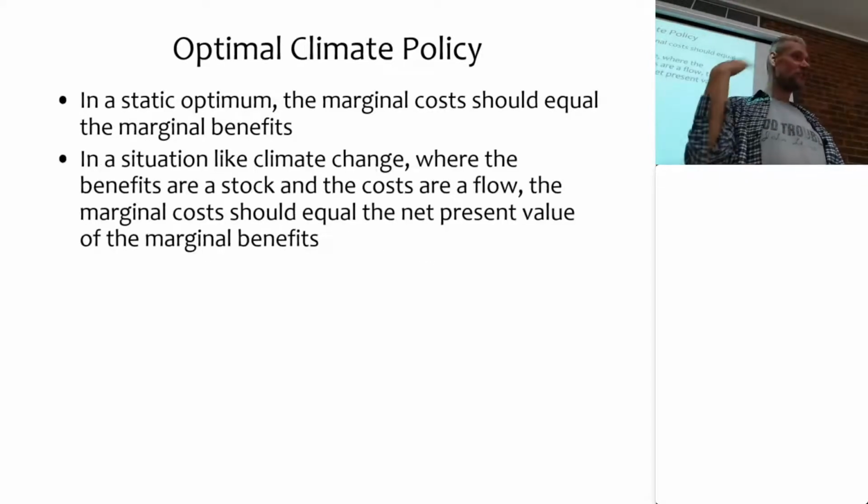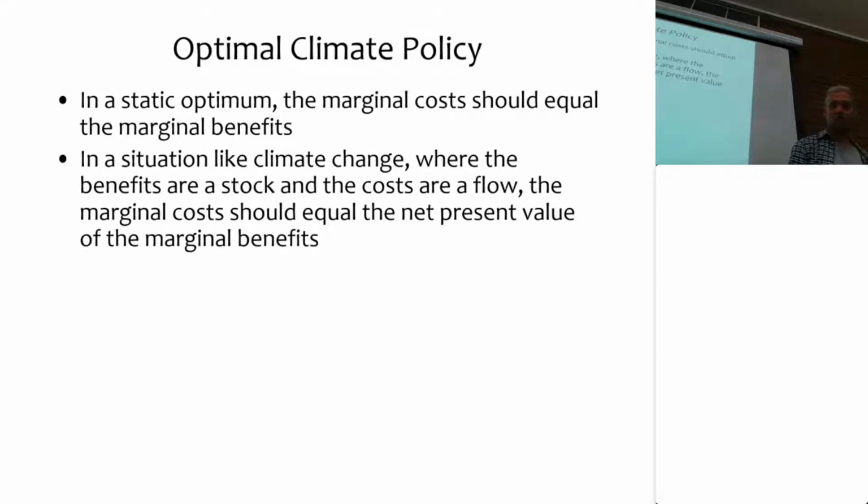Now this holds for a static optimum, but of course climate change is a dynamic problem. It lasts for a very long time, so we can't just solve this as a static problem. Typically the way people formulate the decision problem about greenhouse gas emissions is to assume that climate change is a stock. It accumulates in the atmosphere, whereas the costs of emission reduction are a flow and only depend on today's action.